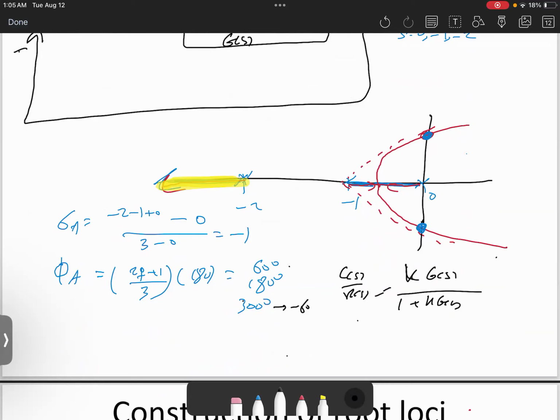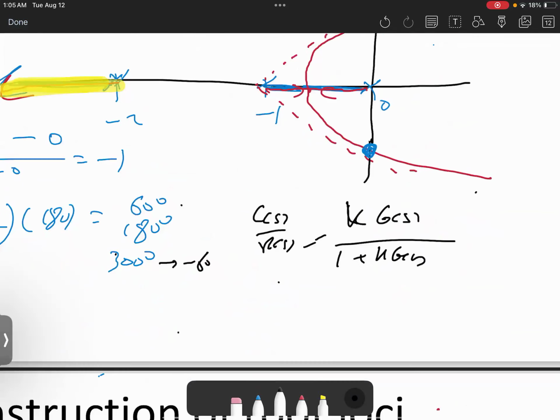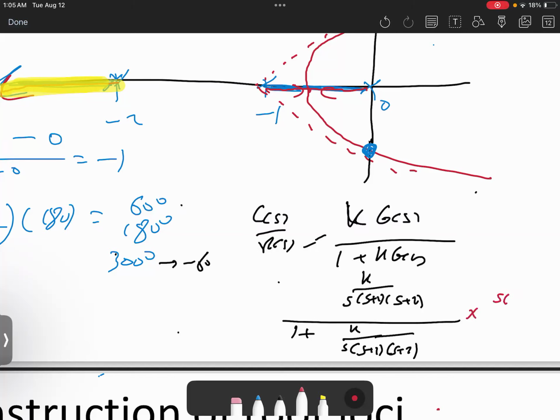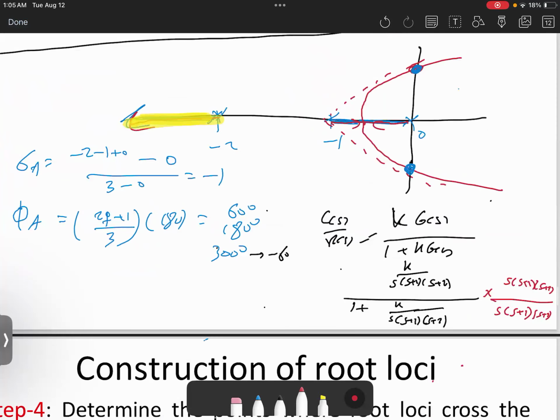Substitute g of s with its equation, which is k over (s plus 1)(s plus 2), divided by 1 plus k over (s plus 1)(s plus 2). Now let's multiply by (s plus 1)(s plus 2) over (s plus 1)(s plus 2). I didn't have enough room here, so let me substitute it right there.